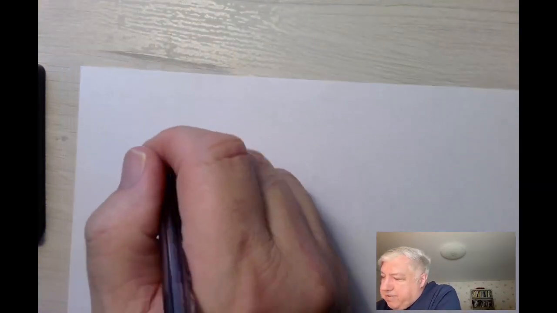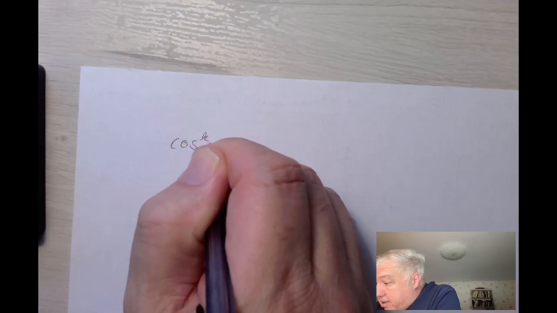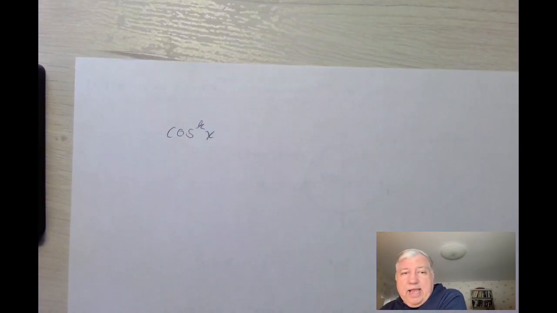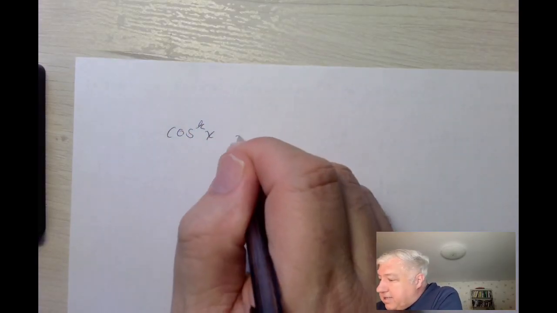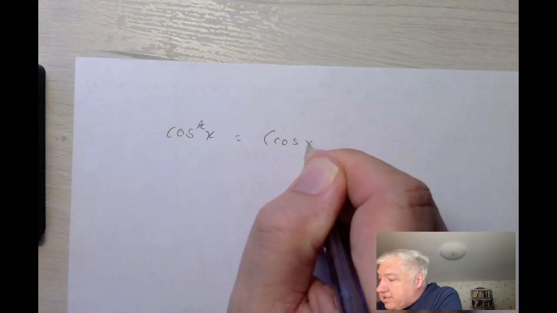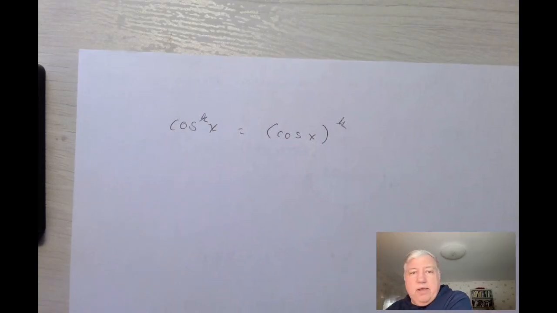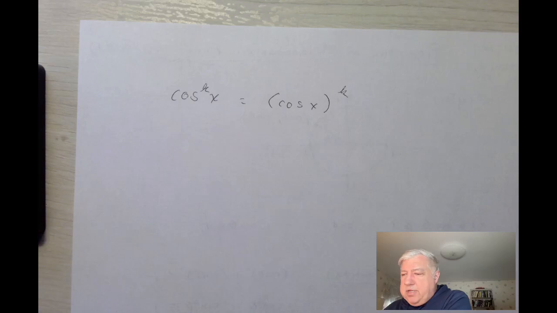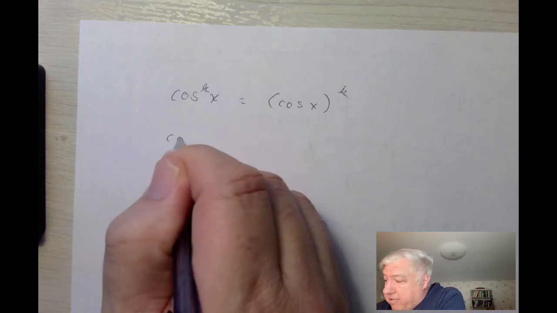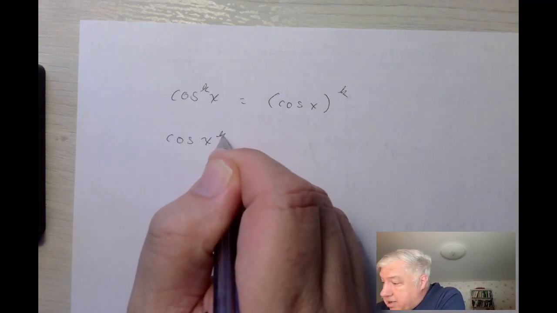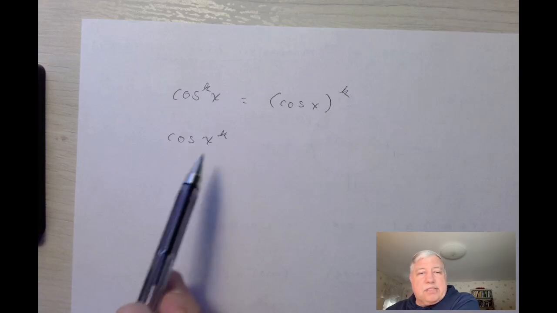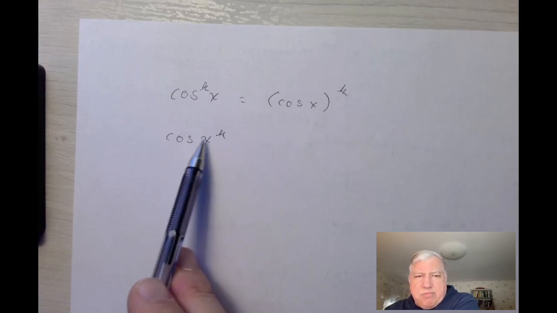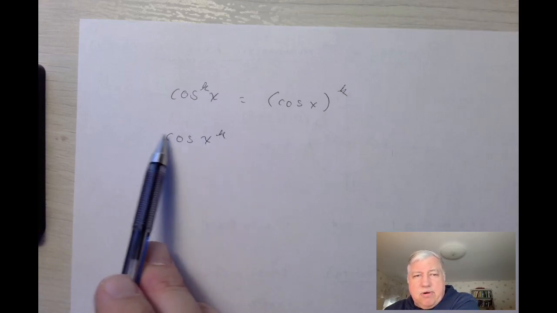And in general, if we have a trig function like cosine to the k of x, this is the same thing as saying cosine of x raised to k. We use this notation because if we just write this, it's unclear whether the exponent applies to the x or to cosine x.